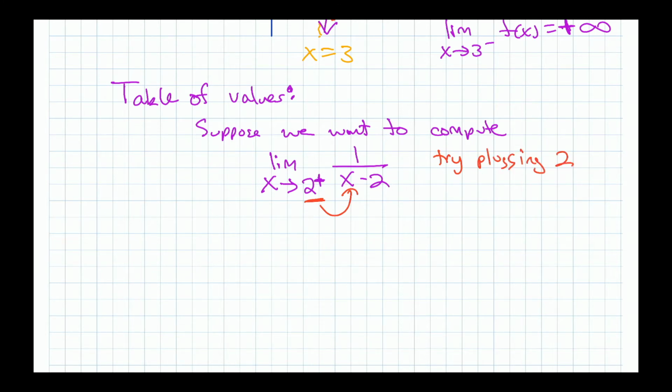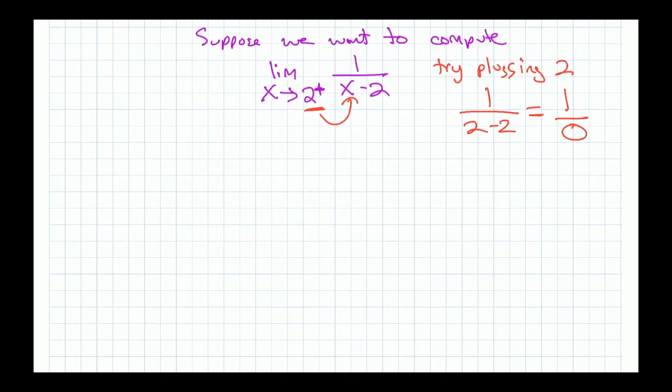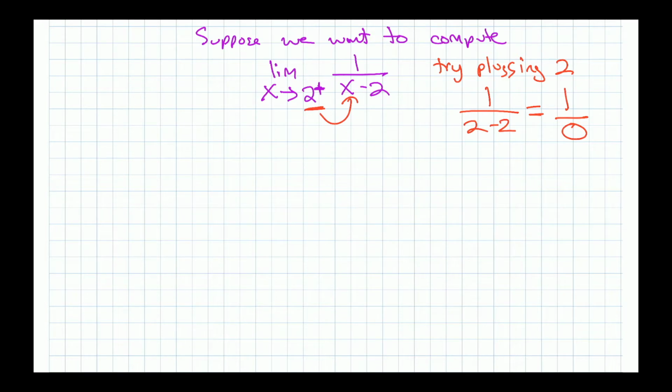When you do that, you're going to get 1 over 2 minus 2, which is 1 over 0. Any time that you get a constant over 0, that tells you from now on that your limit is going to be plus or minus infinity.